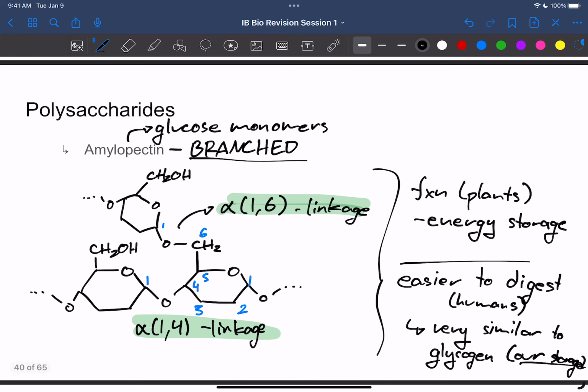And when you look at it overall, these are going to be chains like this. And sometimes we're going to have branches. So stuff like this.